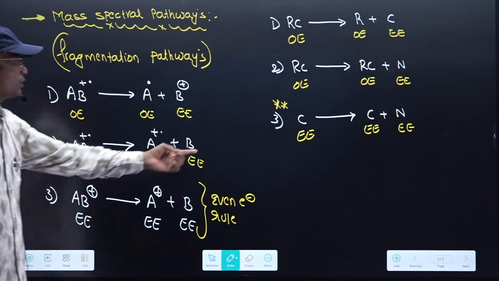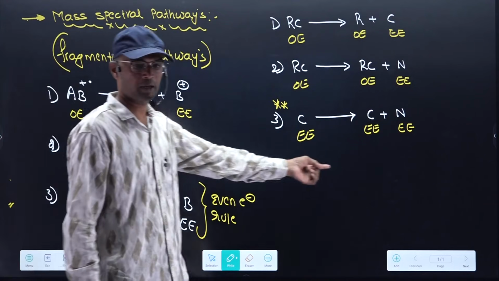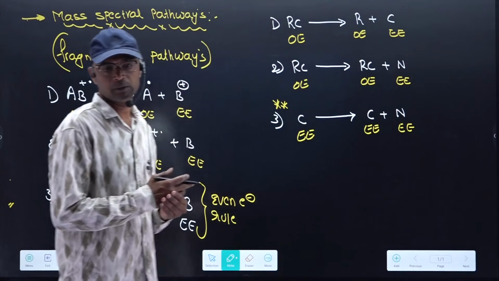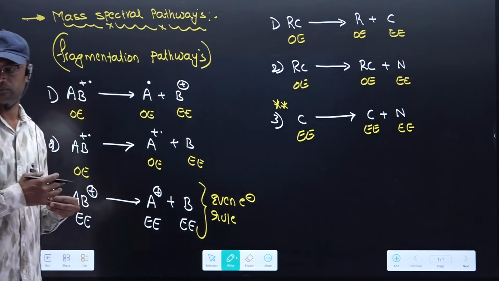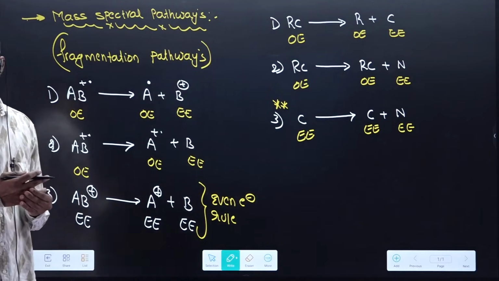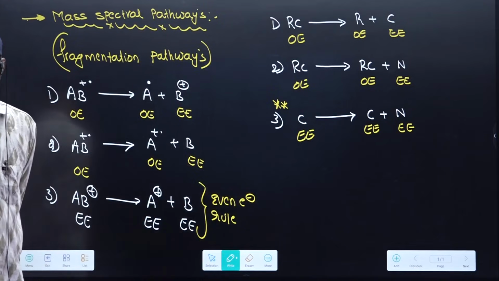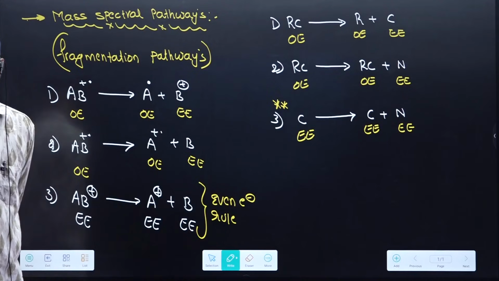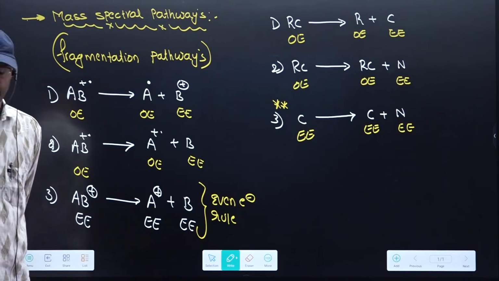You write 1 point for the even electron rule. Keep the heading as even electron rule.